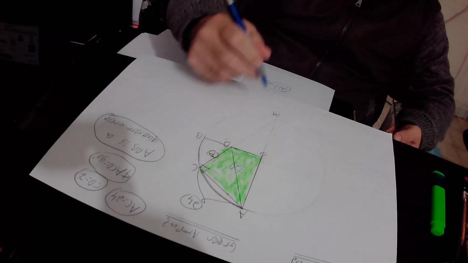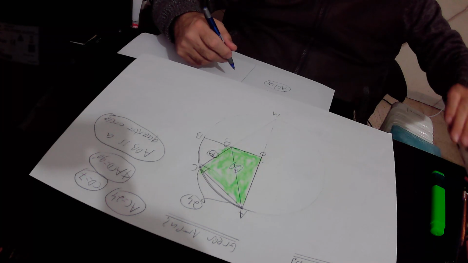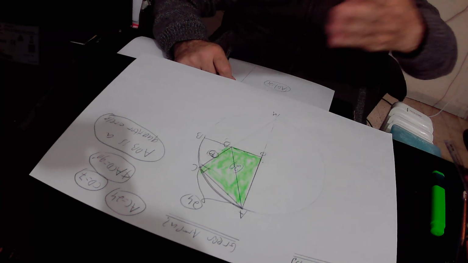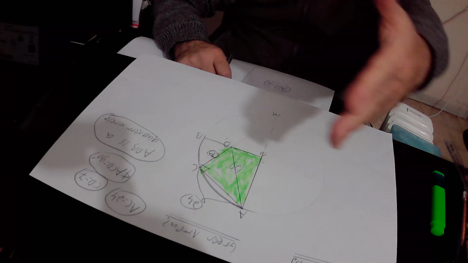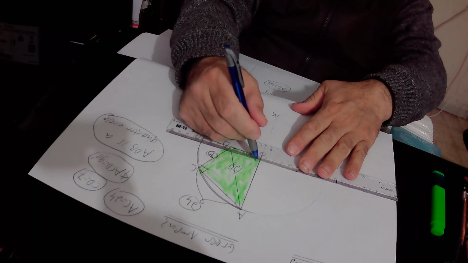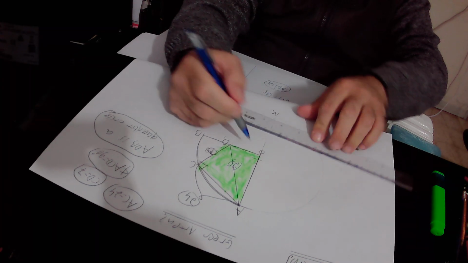The next step, we will do a construction. We will complete this quarter circle to a circle. Because AOB is a quarter circle, this angle AOB must be equal to 90 degrees.